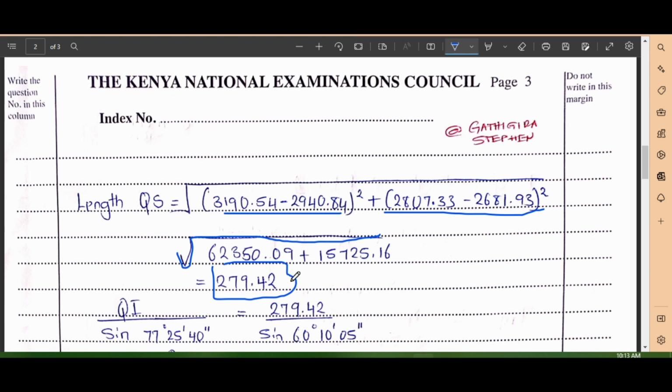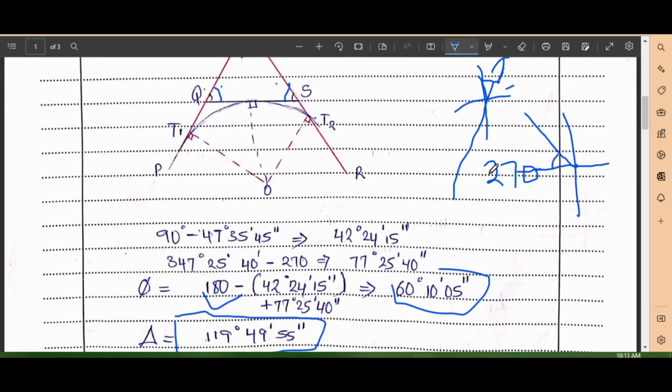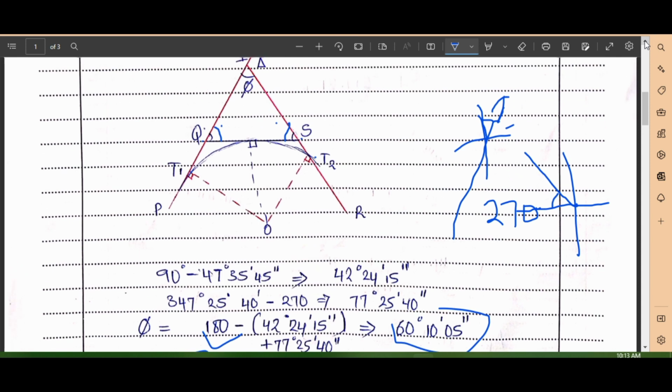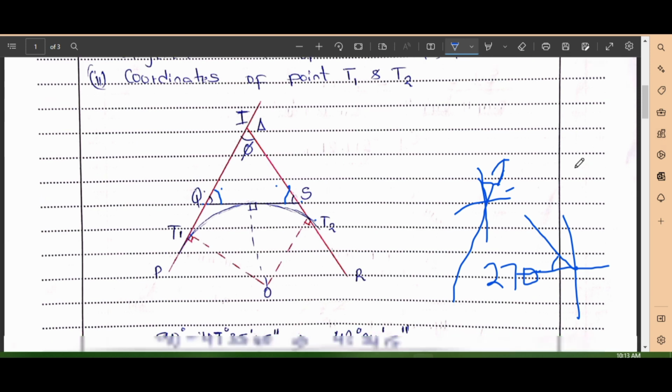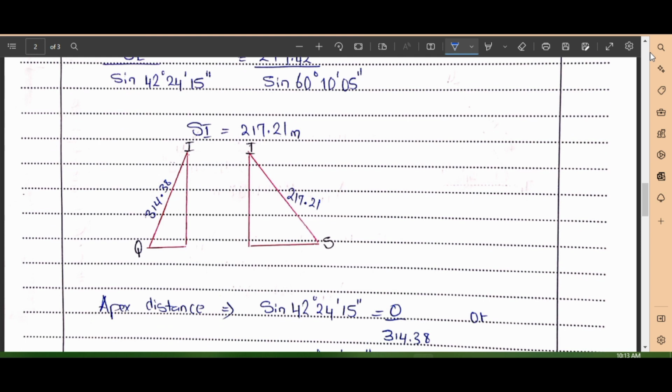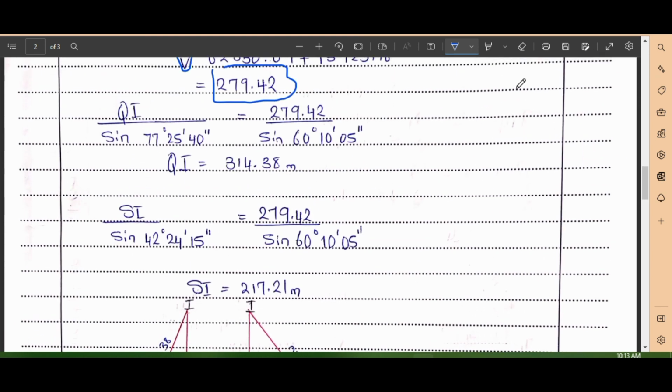So having gotten the length of QS, I need to find the length of the others. If I have the length of QS, that is from here to here, I can use the mathematical concept in order for me to find the length of QI and also for IS. So I go ahead and write my formulas.